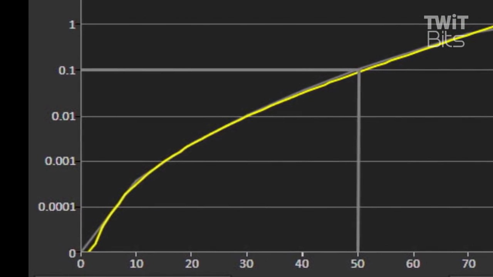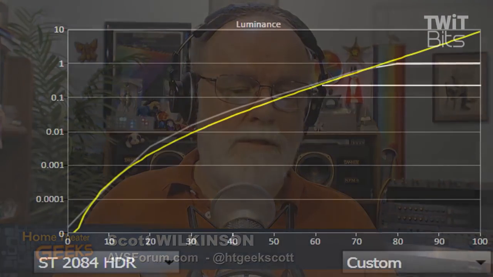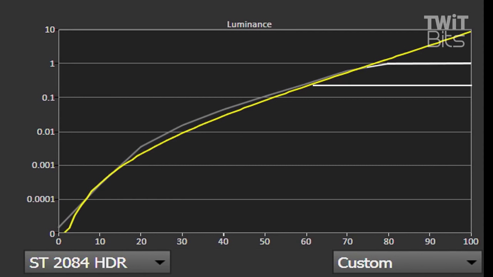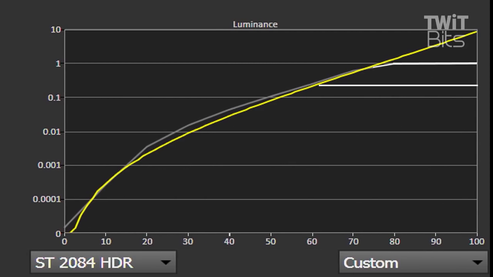We actually have a picture of that, called PQ limits. So let's take a look at PQ limits. What you see is, if, as an example, you have a display that only has 300 nits output, that lower line is right about 300 nits.